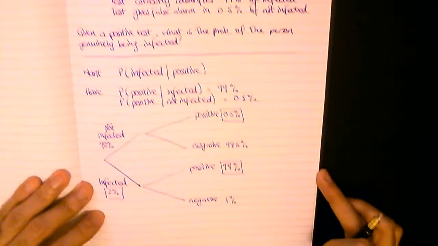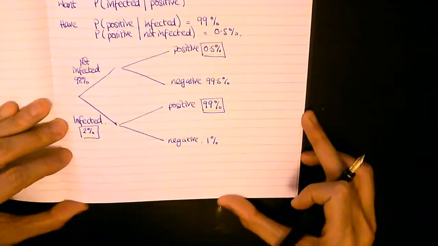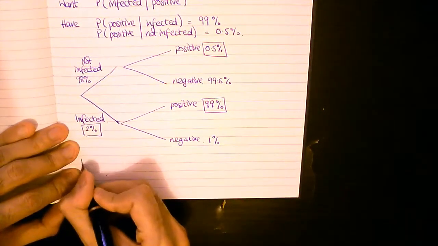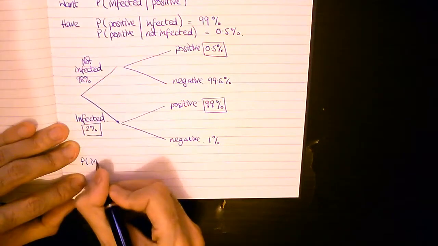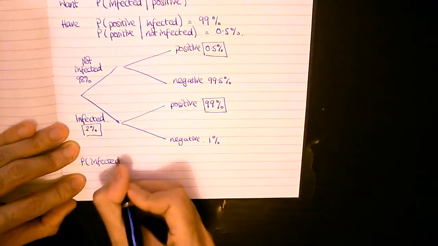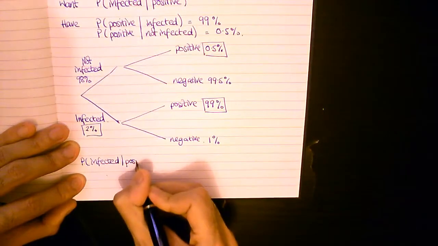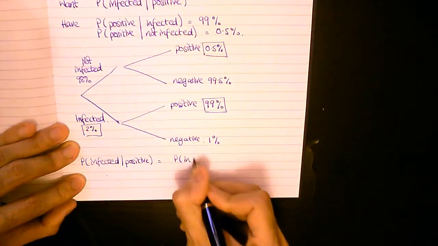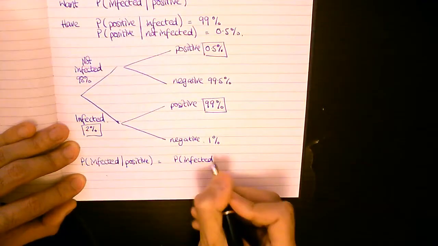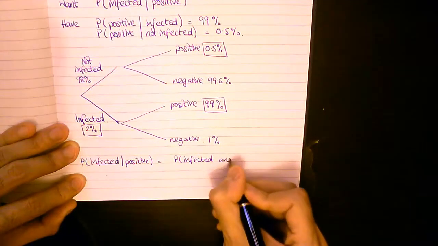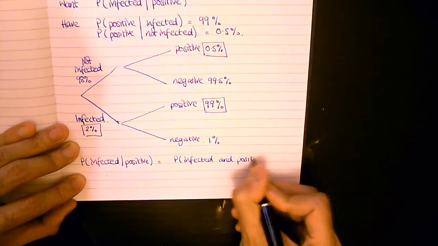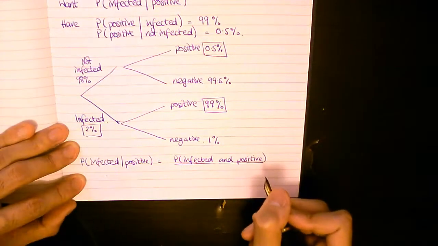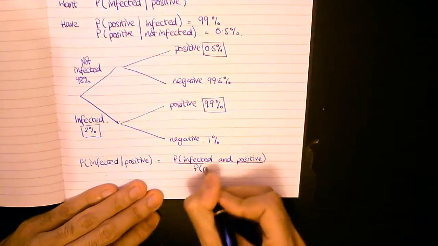Okay, so now we apply Bayes' theorem. Let me just move the paper up a little bit. Bayes' theorem tells us the probability of infected given a positive test equals the probability of infected and positive, divided by the probability of a positive test.